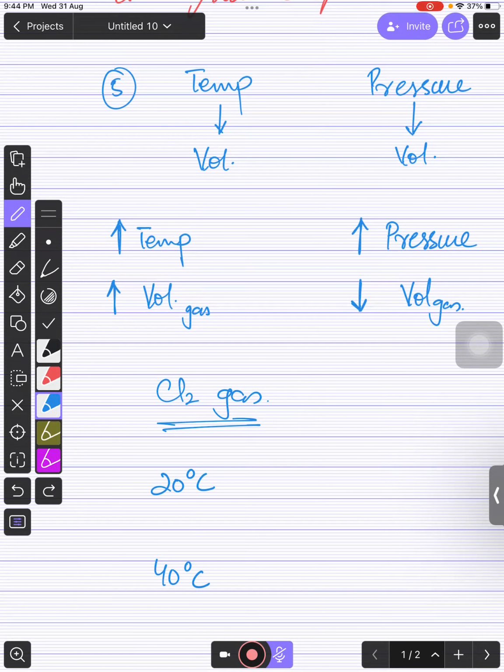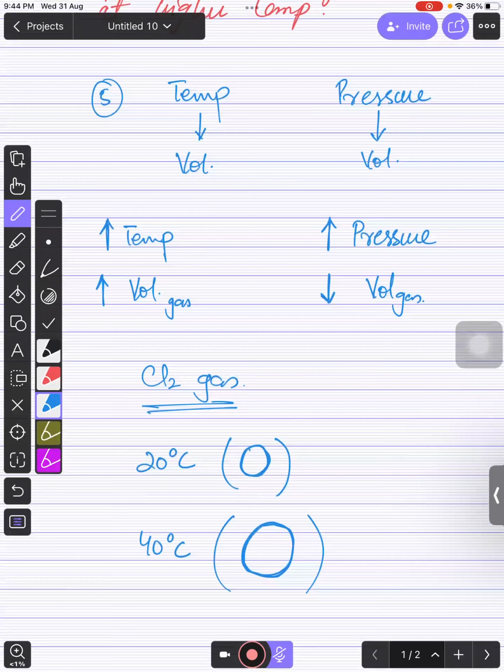I'm just telling you that the volume of the gas is different over here with the same mass. So at 20 degrees centigrade, it is, for example, considering this space, itni space occupy kar raha hai. So at 40 degrees centigrade, the space occupied by the gases will be increased, right? Right, bacho? Yes sir. So sir इसका मतलब है टेम्परेचर वॉल्यूम डायरेक्टली प्रोपोर्शनल, प्रेशर वॉल्यूम इनवर्सली है। Exactly.